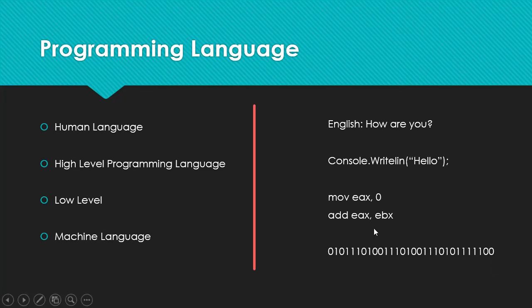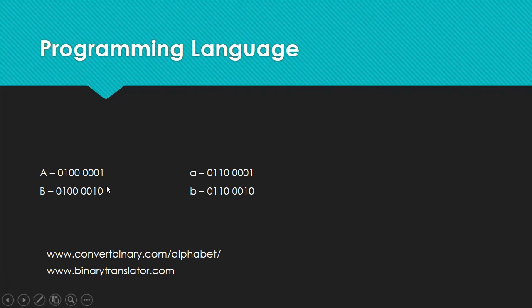So that is why we have high level language, so that it will be easier for us to write software applications. So for example, you have A. The binary code equivalent for A is this code here. This letter A in our computer has an equivalent binary code assigned to it, because letter A basically does not mean anything to our computer; it cannot understand what A is.